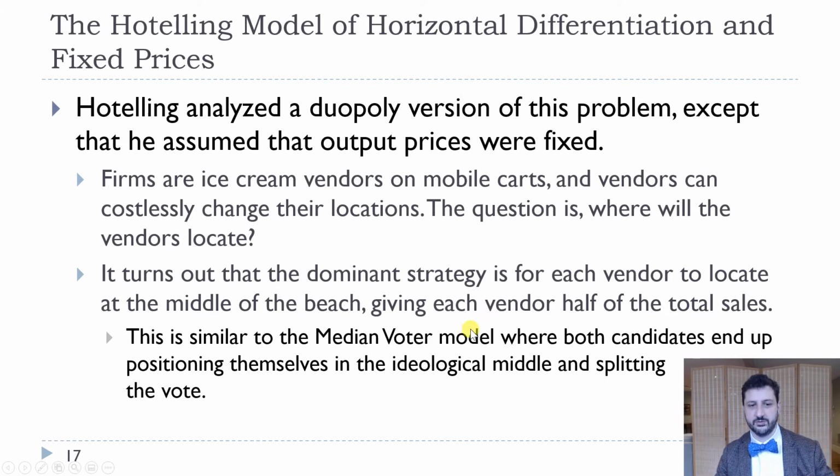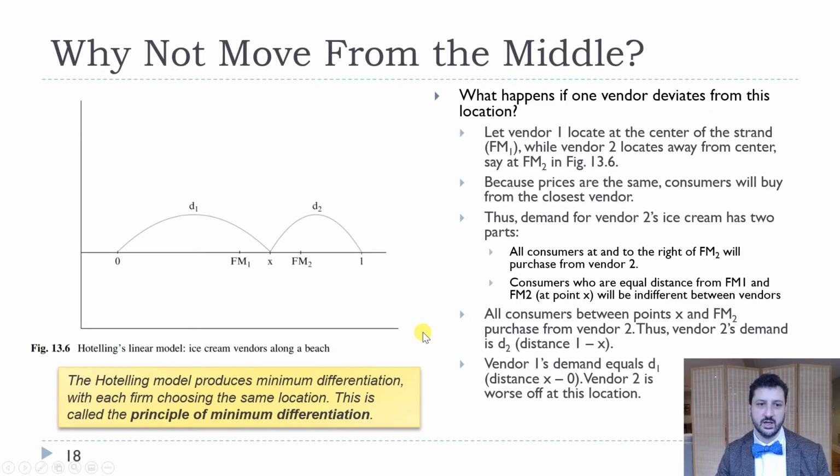Obviously, there's a few basic assumptions. The most important assumption is actually the idea of this linear street. So if we think about why they sort of end up in the middle, it's, all right, well, if I try to move a little bit to the left, say, then my competitor just kind of inches towards me and still gets all of the customers on the other side because I'm still closer to them than my competitor.